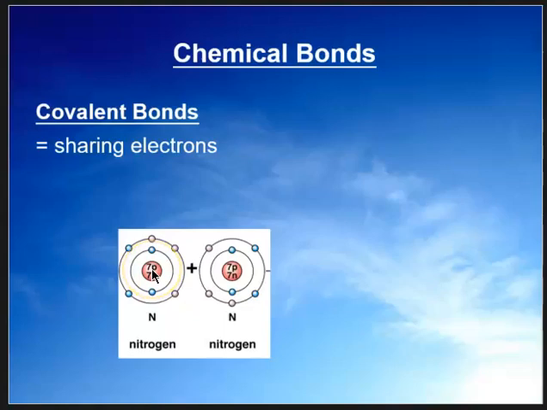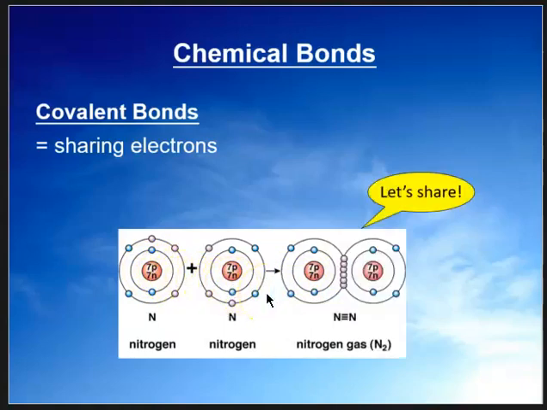When those come together, they share electrons. We can see these are the electrons that are getting shared: there are 1, 2, 3, 4, 5, 6. That means each atom is sharing 3 of its electrons with the adjacent atom.